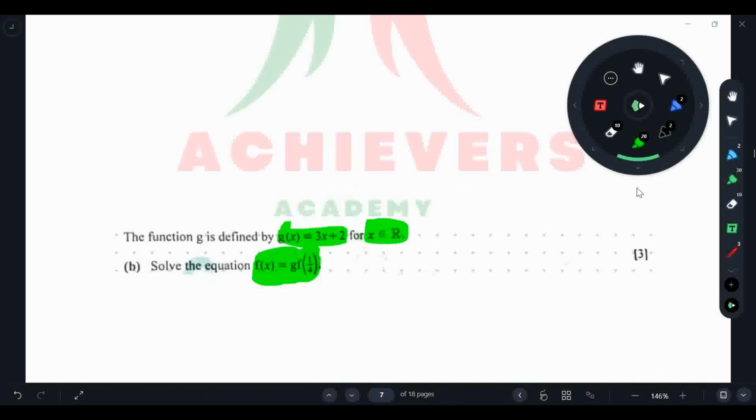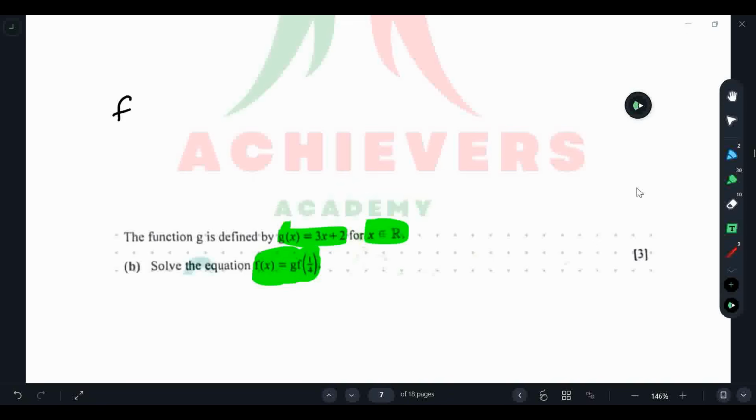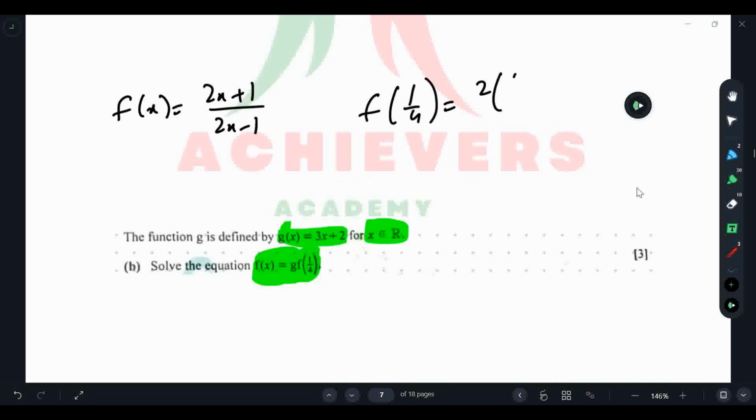So first of all, let me write f of x. We know that f of x is equal to 2x plus 1 divided by 2x minus 1. If I ask you to find f of 1 by 4, this should be equal to 2 into 1 by 4 plus 1 divided by 2 into 1 by 4 minus 1.